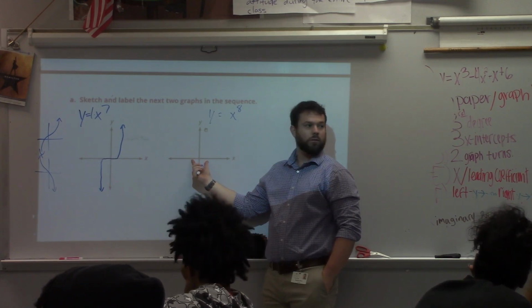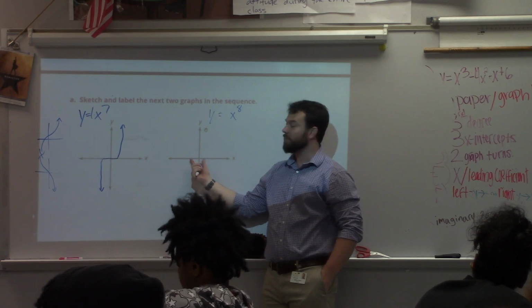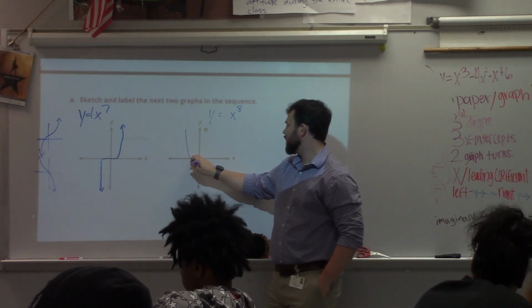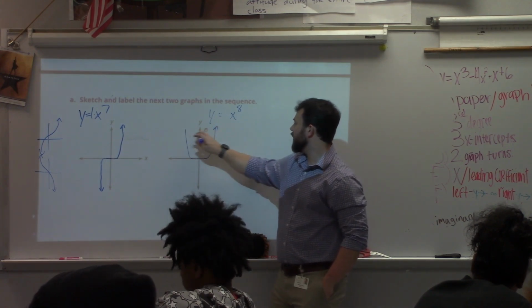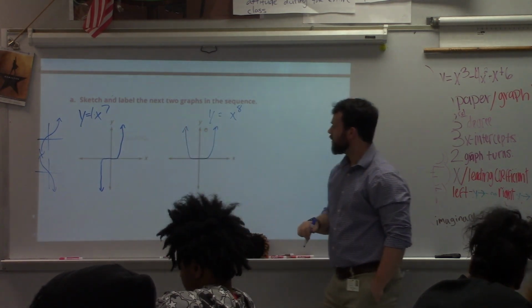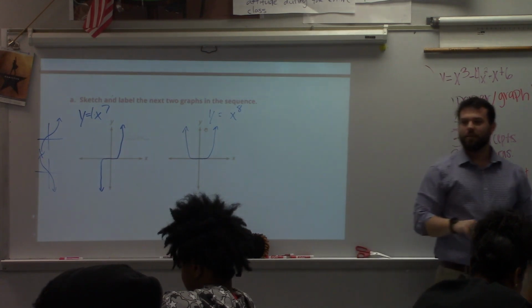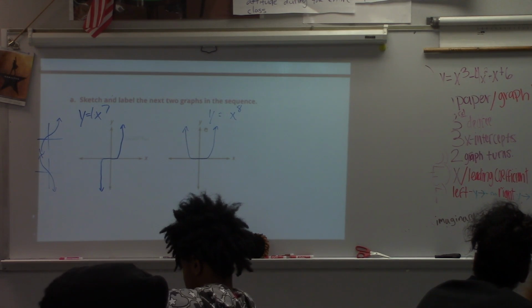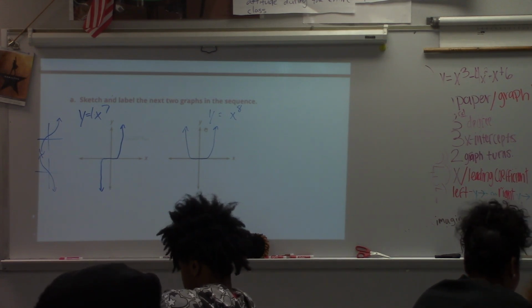It's going to be super flat, even flatter than what we saw with x to the 7th. But be careful, because it's not a line. It just looks really flat. I get that you're thinking that, but it is still a curve. It's just hard to see that curve. It looks like a line.